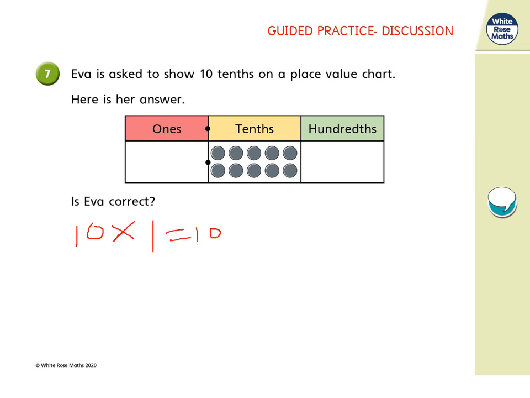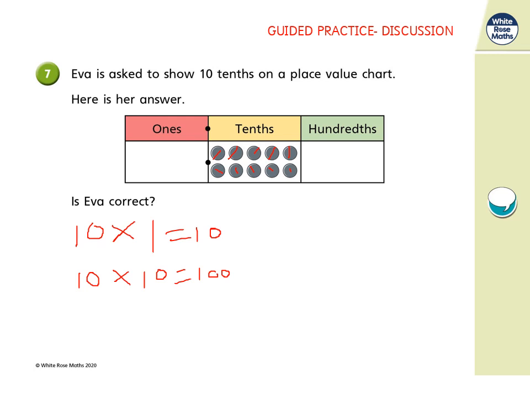And we know that 10 lots of 10 equals, you're correct, 100. And so building off that knowledge, if I have 10 tenths, I've got 1, 2, 3, 4, 5, 6, 7, 8, 9, 10.